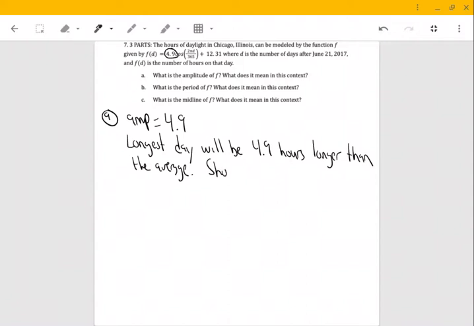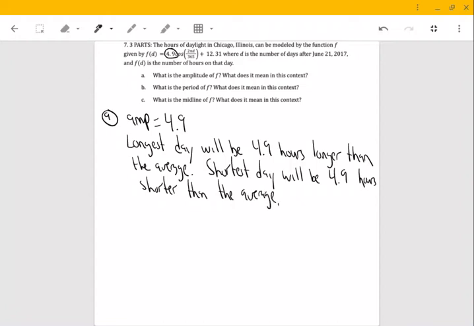And the shortest day will be 4.9 hours shorter than the average.